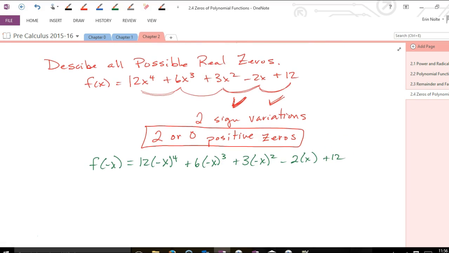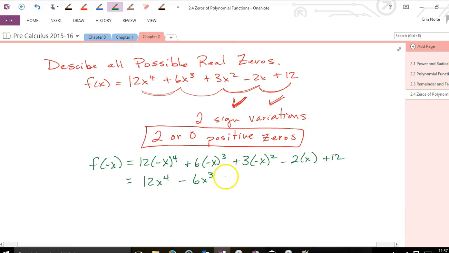If I simplify that, what would happen on the first term if I have a negative x to the 4th power? It's a positive, right? So this is a positive 12x to the 4th. What happens on the second term if I have a negative cubed? It's going to turn into a minus, right? So this one will be minus 6x cubed. What happens on my third term if I have a negative squared?